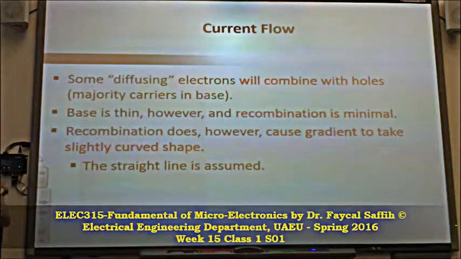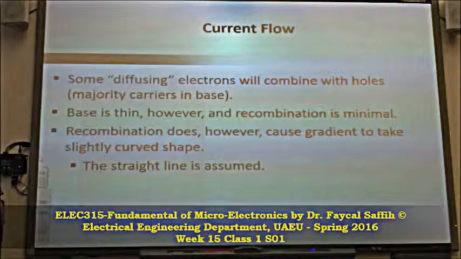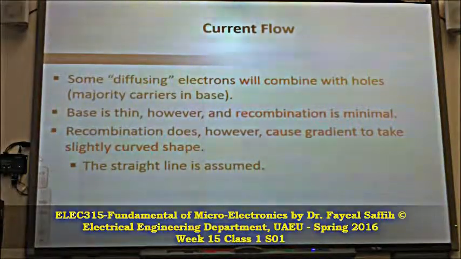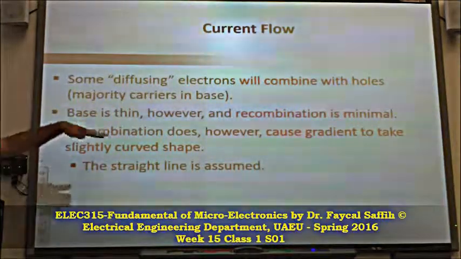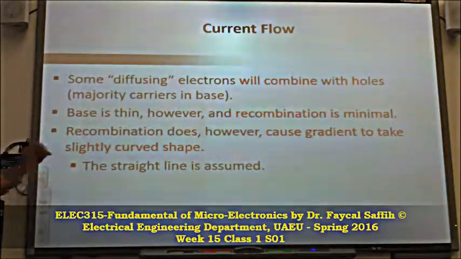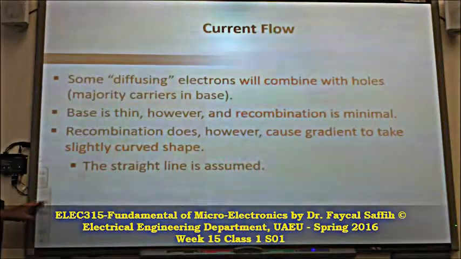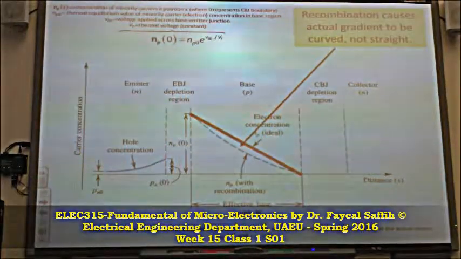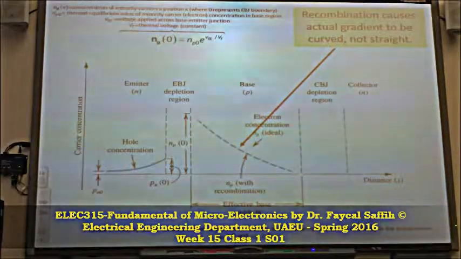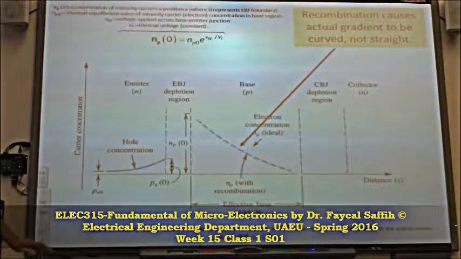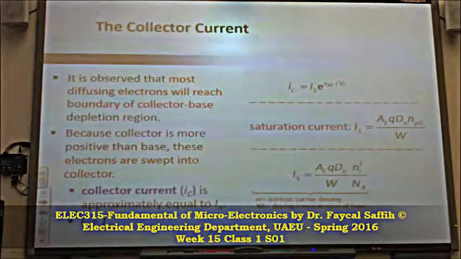So we make it as thin as possible so that they don't have enough time to die, minimizing their recombination. The recombination still does exist, and that's why the gradient is still curved. So here is just a show of what's going on. So we just explained that.